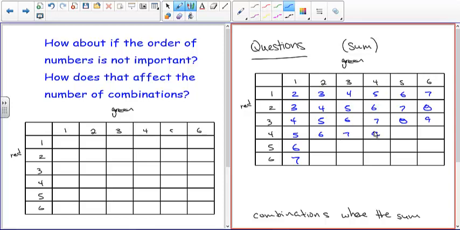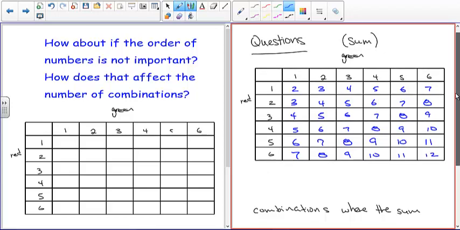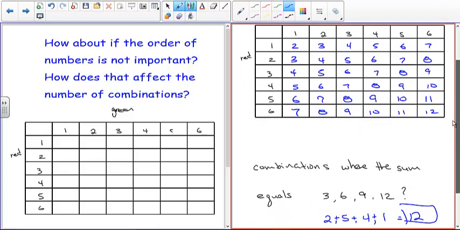See how it fits in. Okay, so that's the systematic listing, and the question is how many different sums can I end up with?